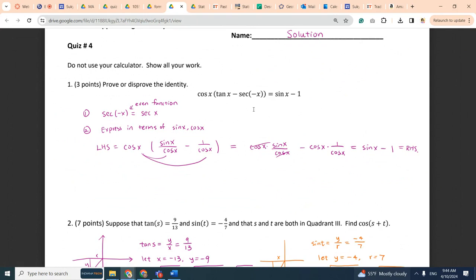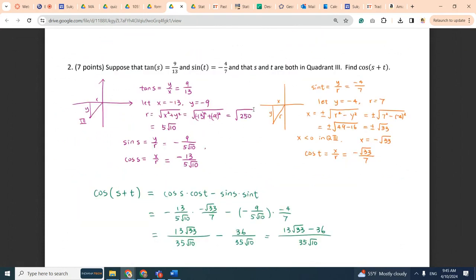But for all the other ones, sine, tangent, cotangent, cosecant, when you see a negative, you can put a negative in front. Right, everybody? And then express everything in terms of sine and cosine. And then you distribute, cancel, and then you realize, oh, that equals the right hand side. Okay, that is number 1.